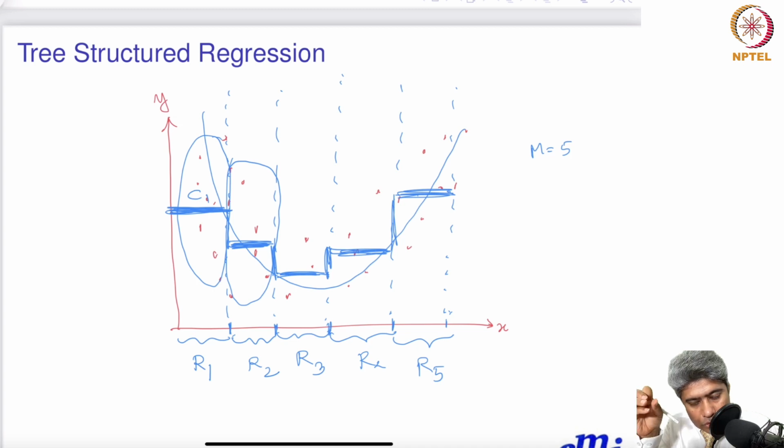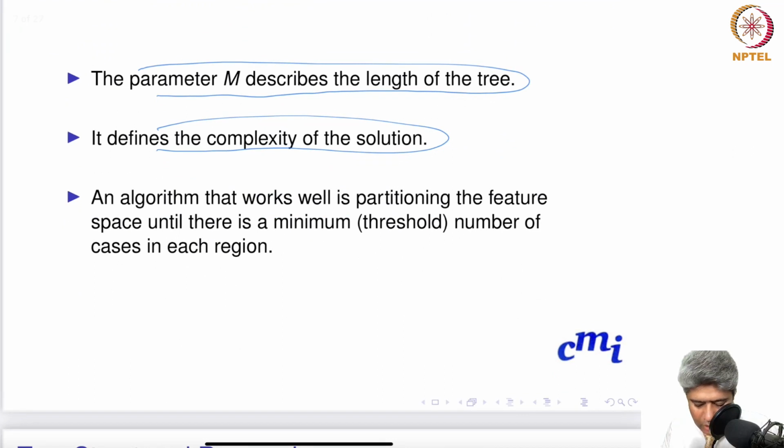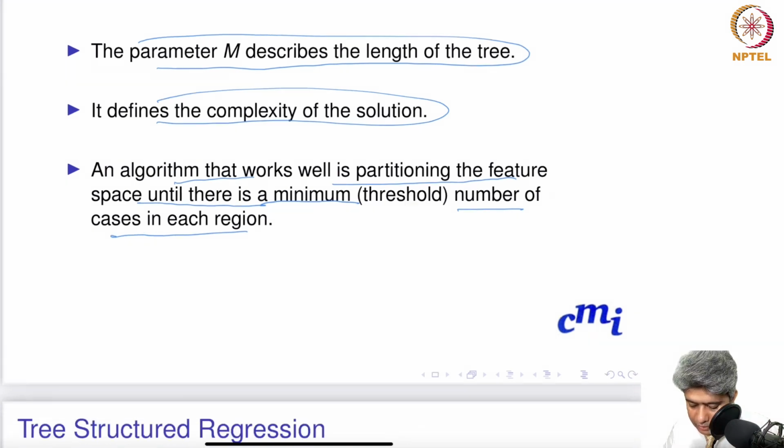If you choose too many m's, it could be too jittery, so you have to be careful about this. An algorithm that works well is partitioning the feature space until there is a minimum threshold number of points in each region.